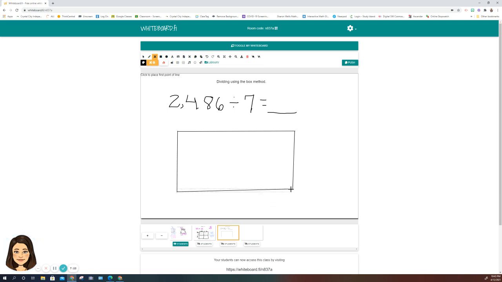It's not very straight, but there it is. All right. So we're going to divide it into 4 sections because our dividend has 4 digits.